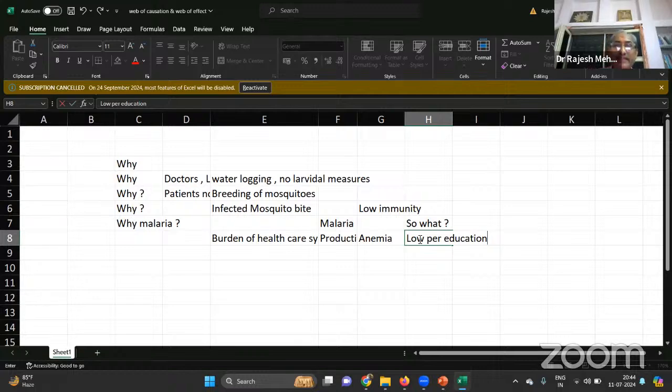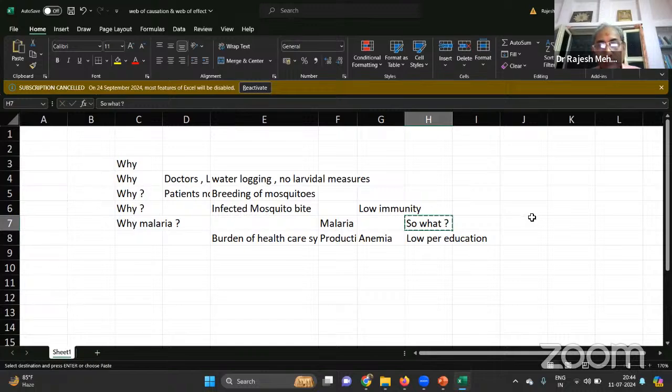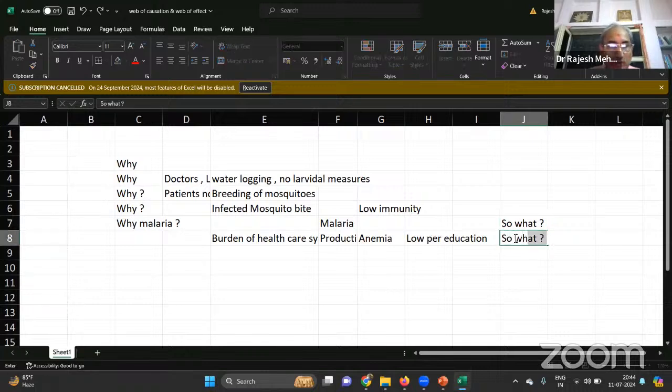Then you again ask, this looks very simple, but do it five times and then you will understand. So what? If there is a burden on the healthcare system, if production is less, if there's anemia, if there's low performance in education, so what?